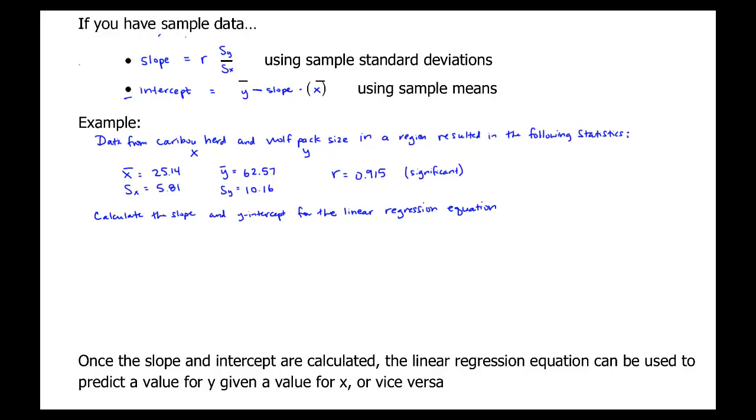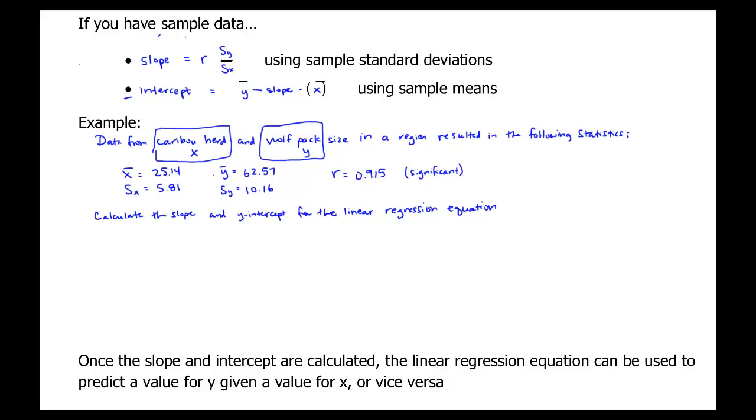So I have an example here. It says that data from caribou herd, which we're going to define as x, and wolf pack we're going to describe as y, and we have sizes for both, in a region resulted in the following statistics. So we have x bar, or the sample mean of x, is 25.14, and the standard deviation of x is 5.81.